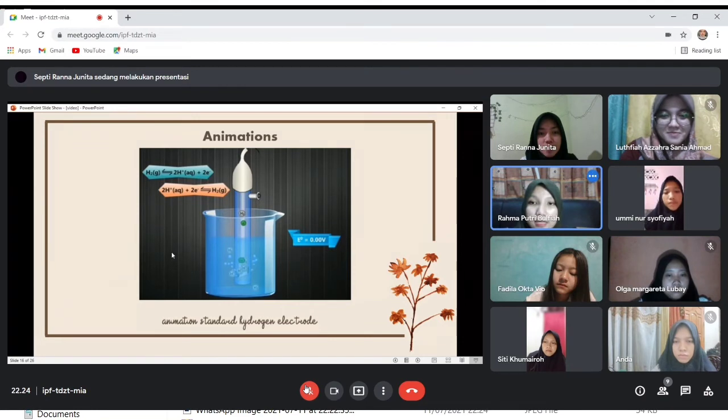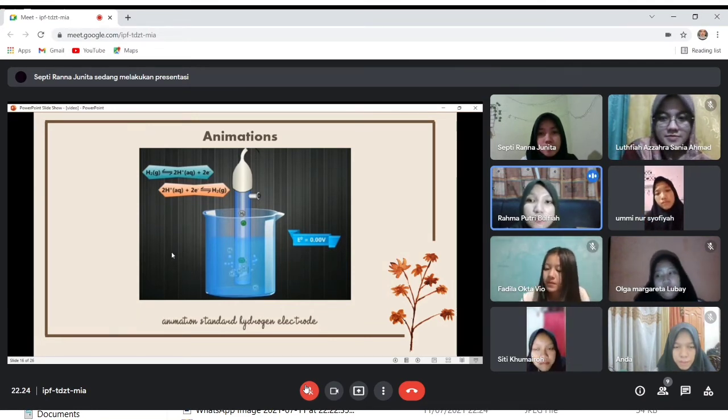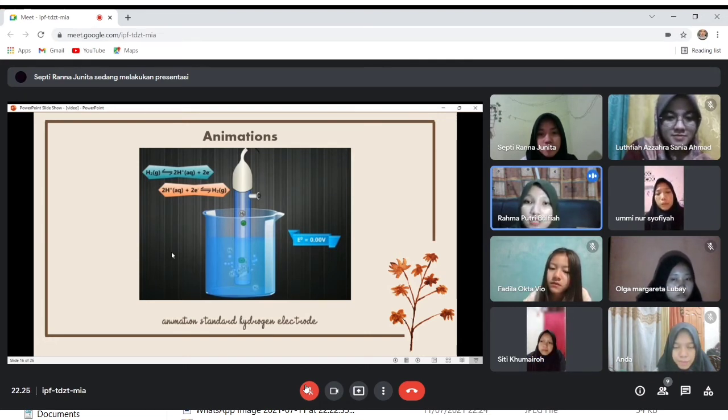Yes, that's right. Based on the animation, the platinum electrode surface can catalyze the oxidation of hydrogen molecules to hydrogen ions or the reduction of hydrogen ions to hydrogen gas. Therefore, at the electrode, hydrogen gas can either be oxidized or hydrogen ions can be reduced.